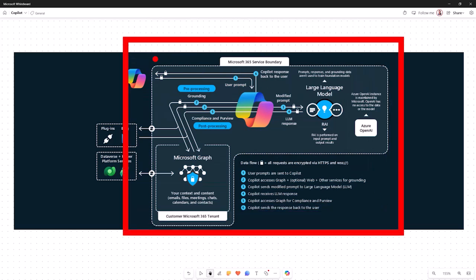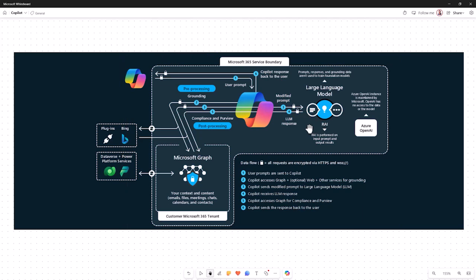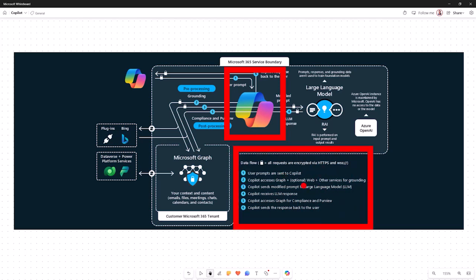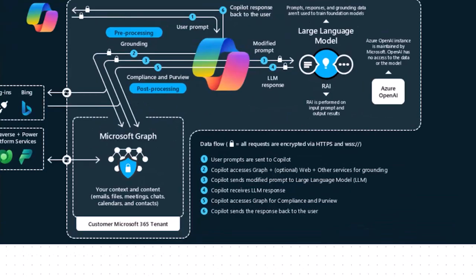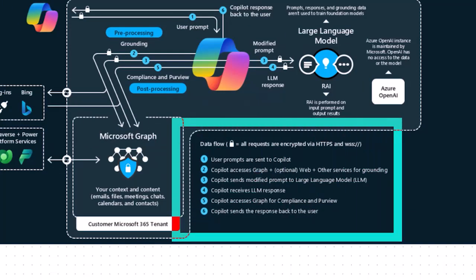Everything that is in here is what by default Copilot can do. Here we can have a look into some components. Let's say that Copilot is the orchestrator of many steps that are happening in here, and we'll review these steps in a moment.